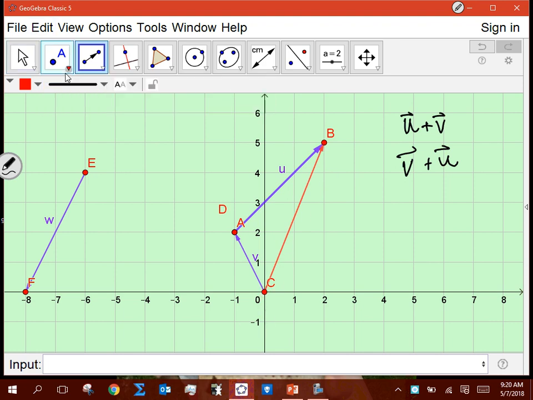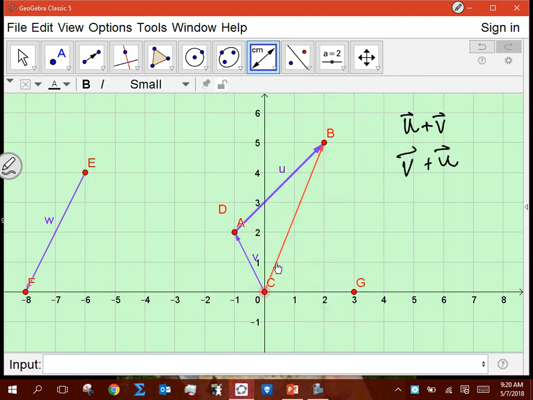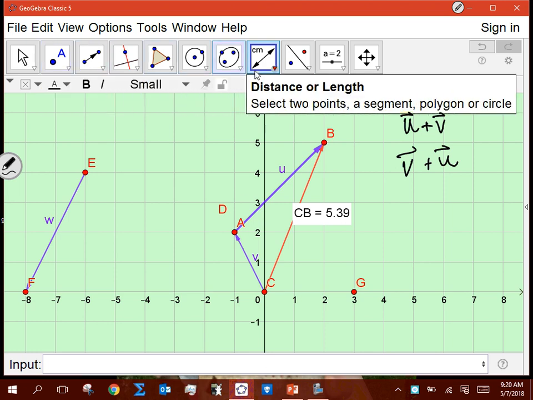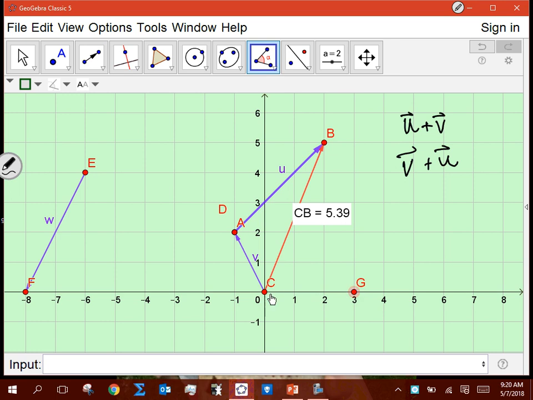Is that resultant still the exact same resultant? And my argument is, yes, it is, because its length is still 5.39, and its direction still should be 68.2 degrees. And it is. Even though I applied the two vectors in a different order, I still get the same result. So it's the same sum ultimately.